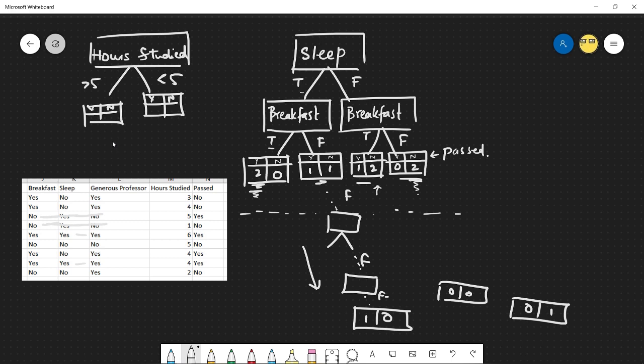But then what you could also do is change these. So instead of saying greater or less than 5, you might look at greater than 3 and less than 3, or greater than 2 or less than 2. So you might want to work with different values of your cutoff here, to get an optimal value of the Gini score.